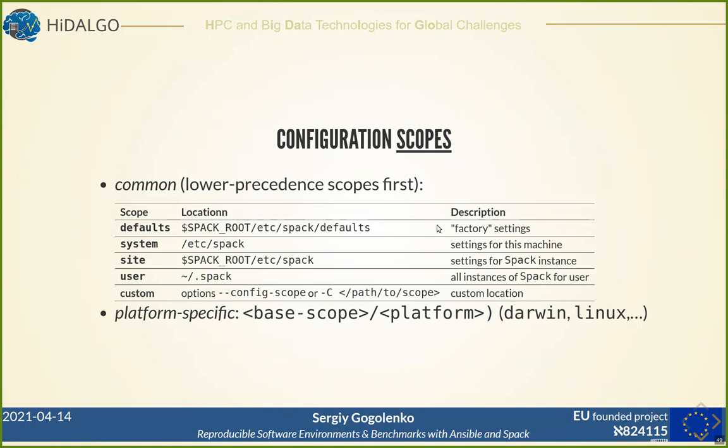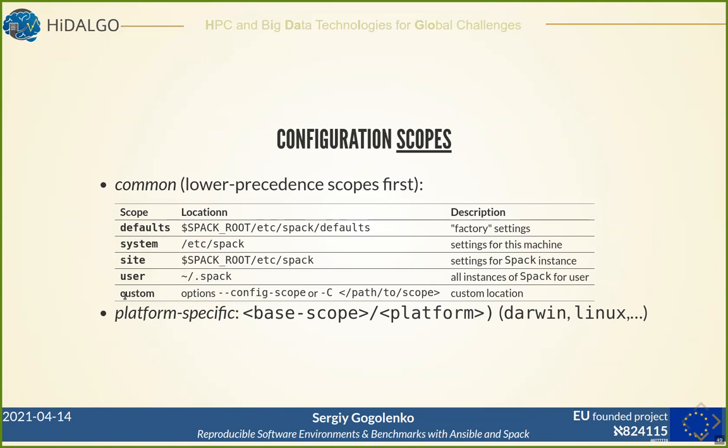Default scope with factory settings, system scope with settings for the concrete machine, site scope with settings for the concrete Spack instance, then user scopes, which are taken from the home directory of the user.